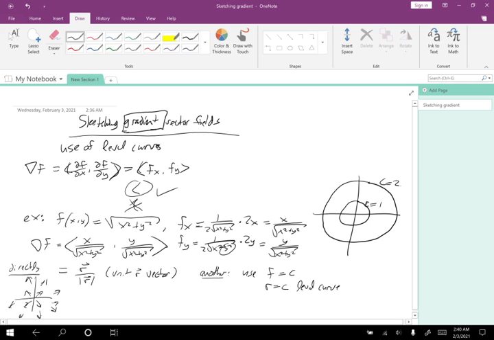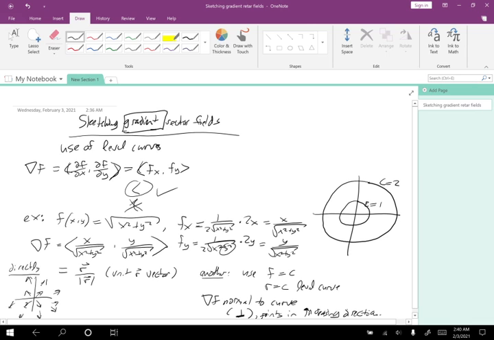And from this, I know the gradient is normal to the curve. By normal, I really just mean perpendicular to the tangent vectors. And it also points in the increasing direction.